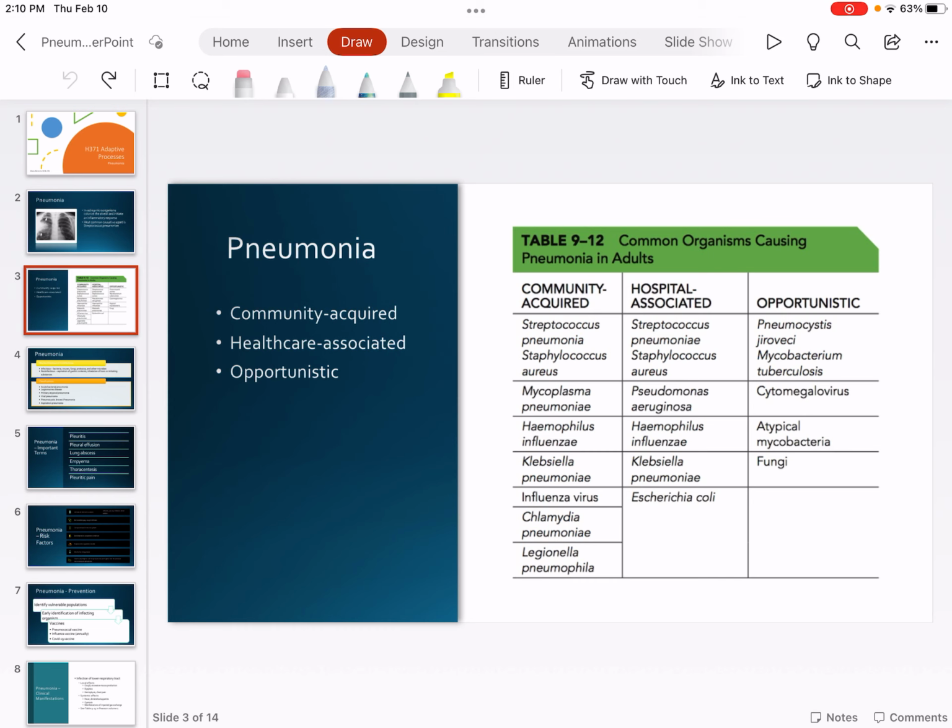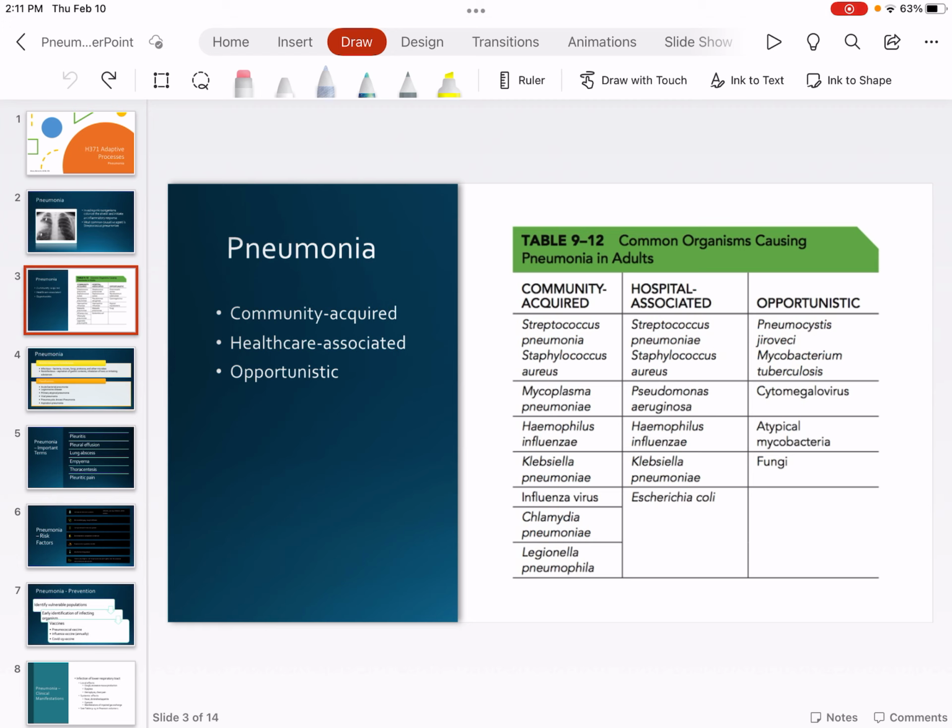So there is community-acquired pneumonia, healthcare-associated pneumonia, and opportunistic pneumonia. Community-acquired pneumonia occurs as a result of exposure to the microorganism somewhere within the community, so the grocery store or the gym, something like that.